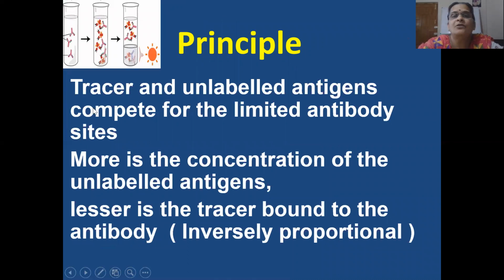On this basis, the principle can be very well understood: the tracer and unlabeled antigens compete for the limited antibody sites. The more the concentration of unlabeled antigens, the less tracer is bound to the antibody. So this is an inverse proportion.